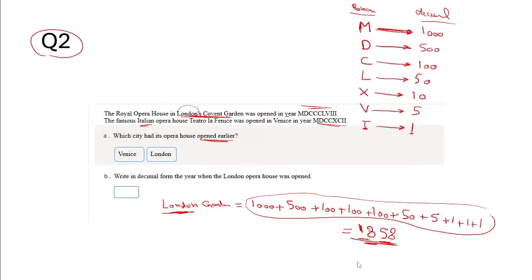We'll do the same thing for the Italian opera house. So we'll say here Italian will equal the same thing.